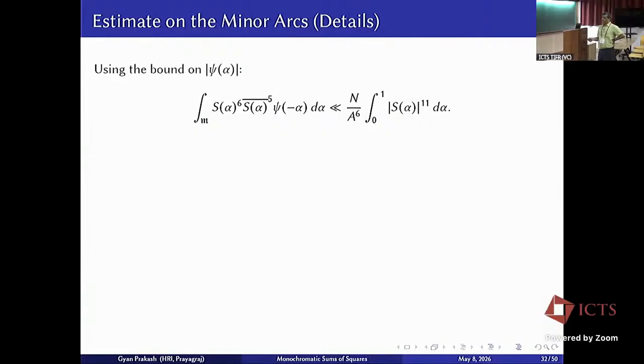And now you have taken the modulus inside, so these are non-negative terms you are integrating over a minor arc. So then you can complete to the full integral. Once you have taken out the supremum of mod phi(alpha), which is valid only for alpha in the minor arc, after taking it out, you just complete the integral.